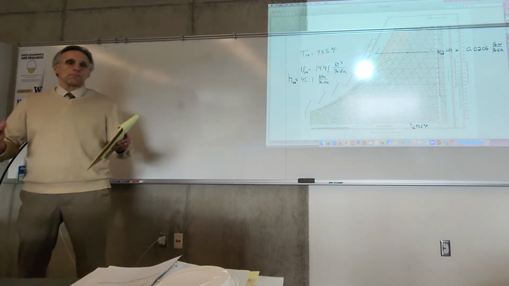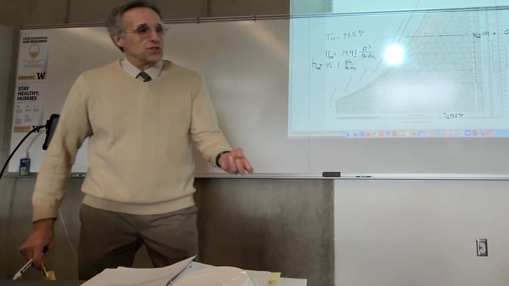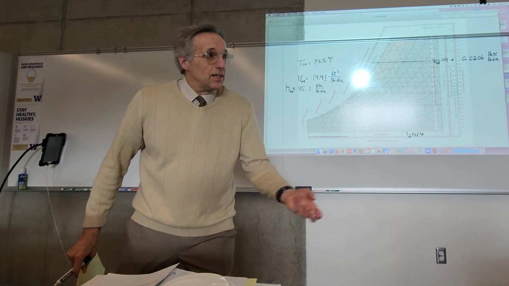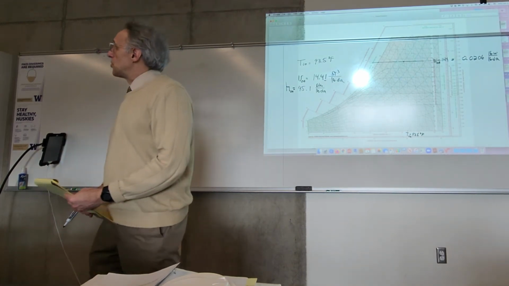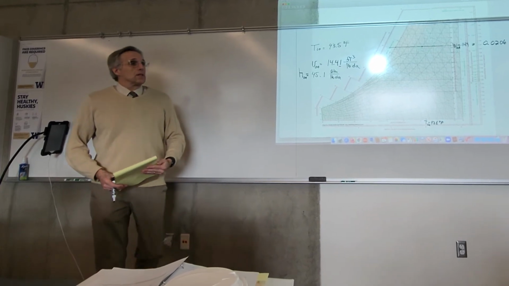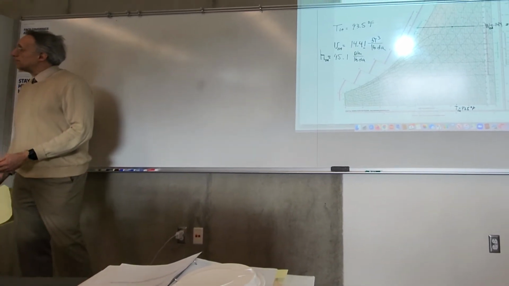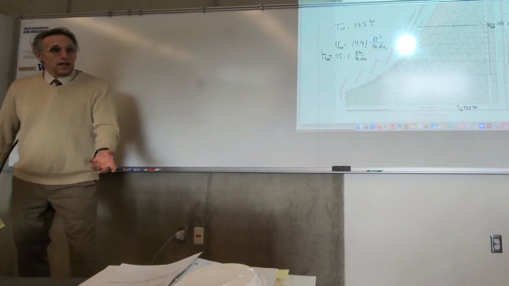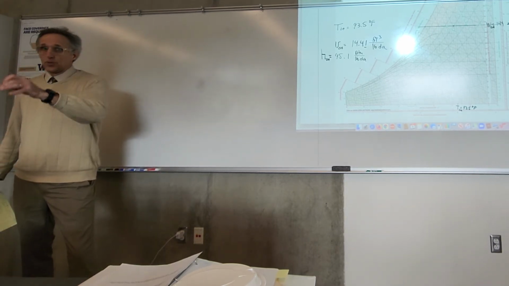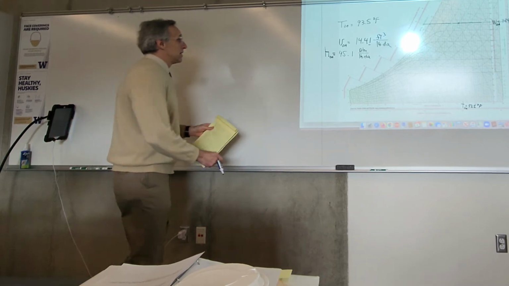That's the space temperature, because that's the temperature at which the air is being drawn into the HVAC system. So there's a return air vent somewhere that's drawing air out of the room, and that air is at our design temperature.